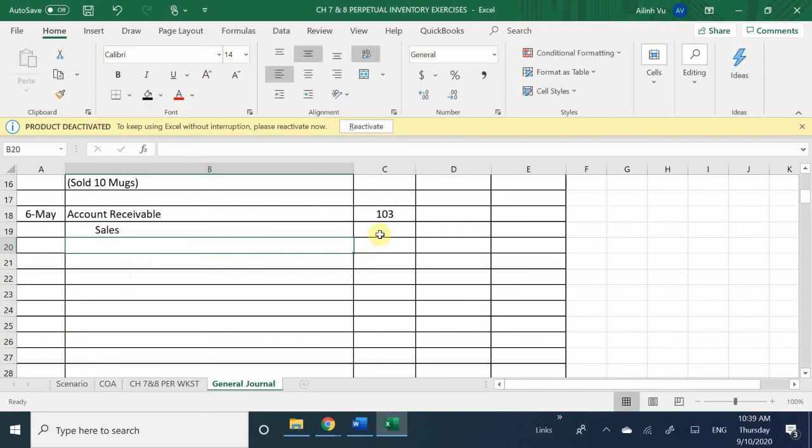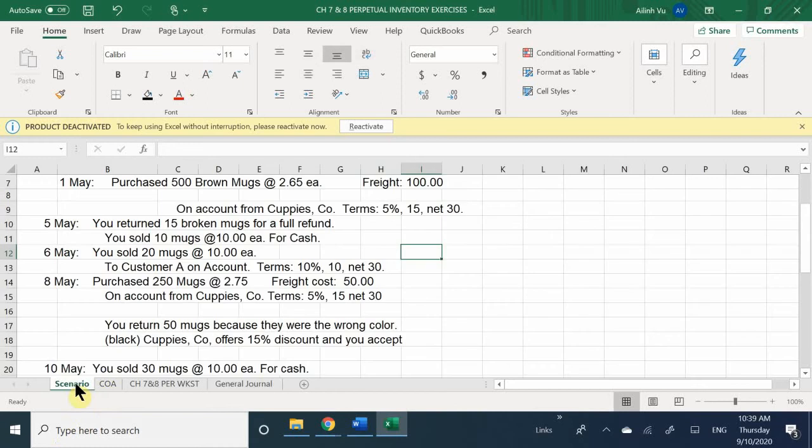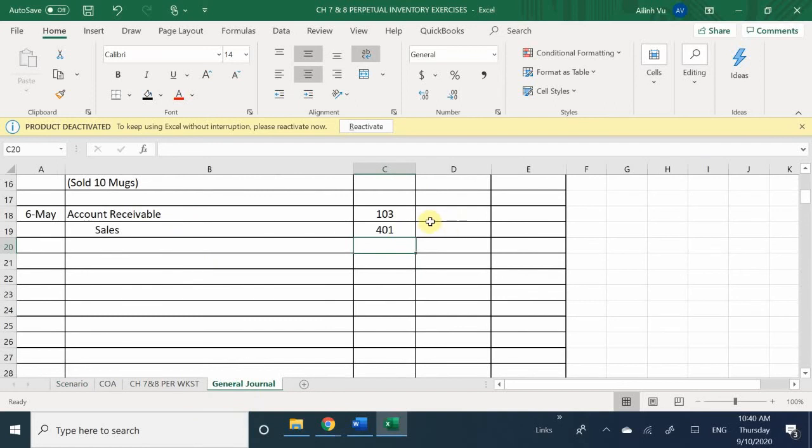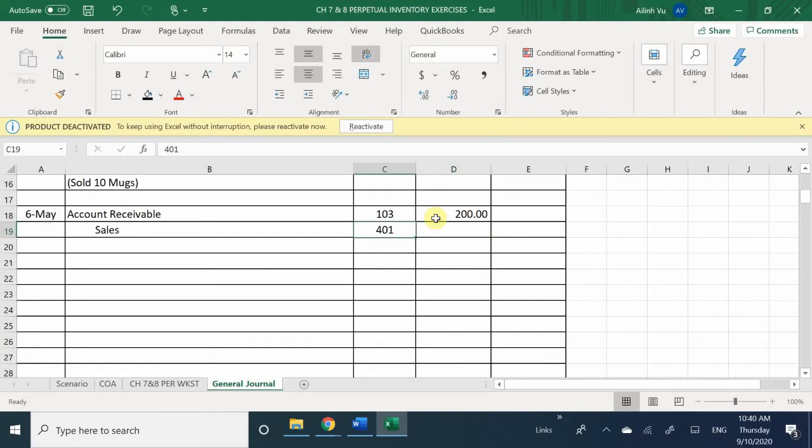And this was 401. Now, how many items did we sell to this customer? 20 at how much? $10 each. So in this case, what is our total amount here? Good. 200. That's correct, right?